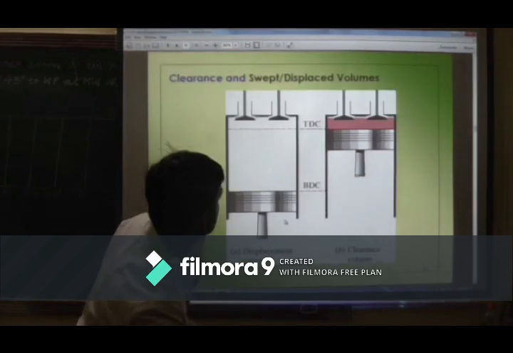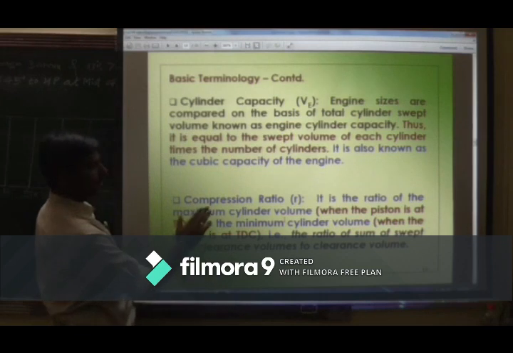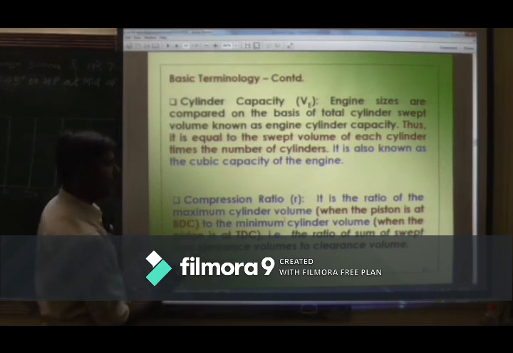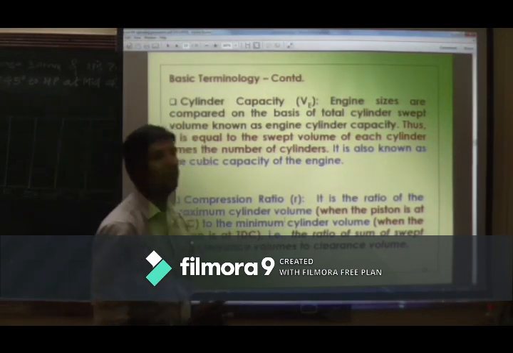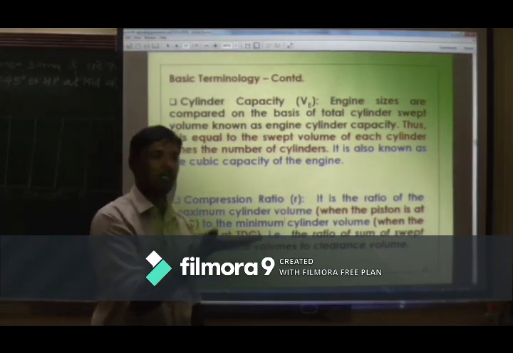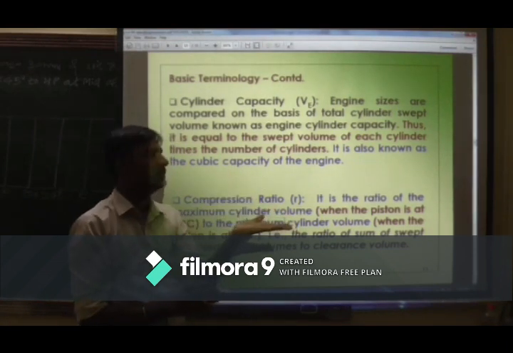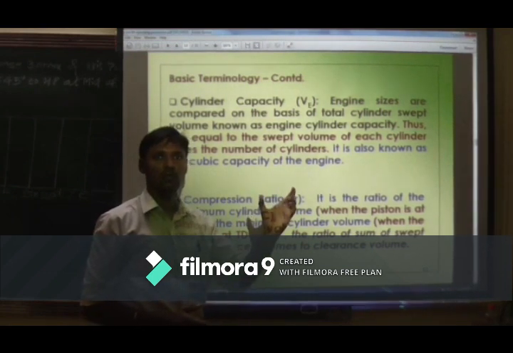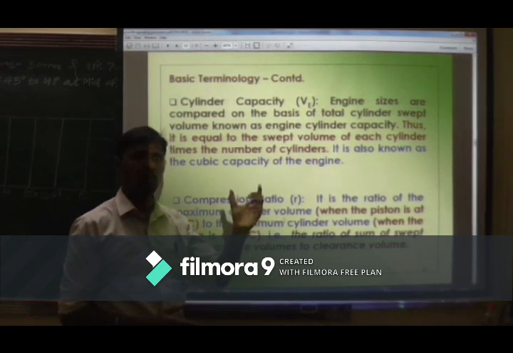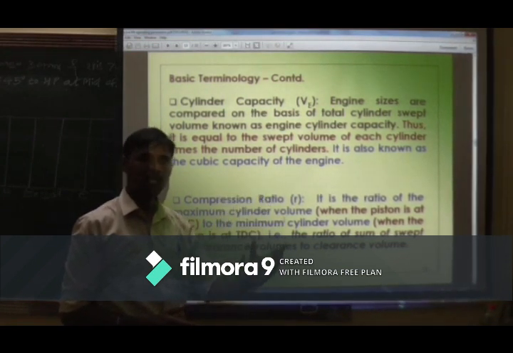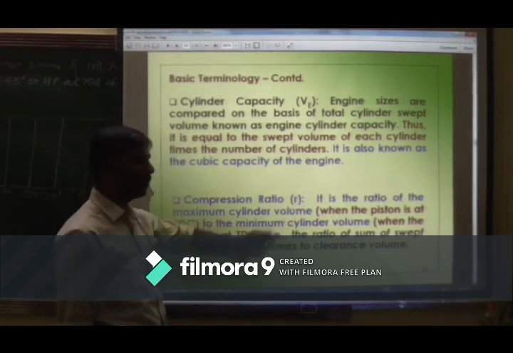The definition: it is the ratio of total volume divided by clearance volume, that is minimum cylinder volume. We know when the piston is at TDC, the minimum volume above TDC is clearance volume. Simply, total volume divided by clearance volume is our compression ratio. Total volume is swept volume plus clearance volume, divided by clearance volume. Simple, and we denote it by R. So we have to use R only.